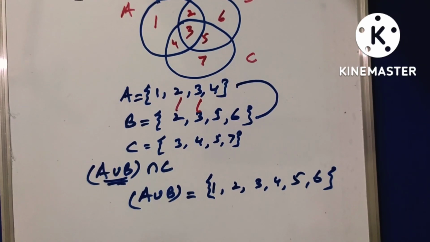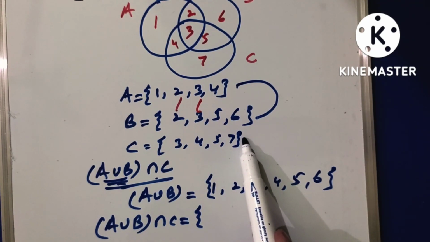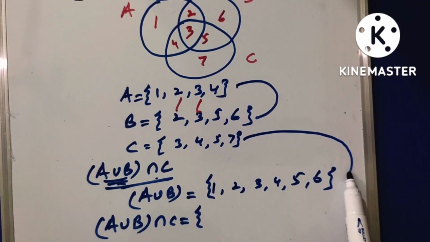Now second part of the operation, that is intersection C. Now we are going to find the intersection of A union B and C. We have to see the common elements.